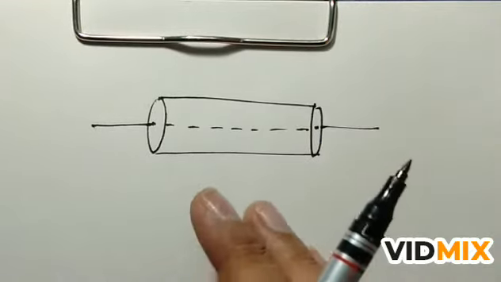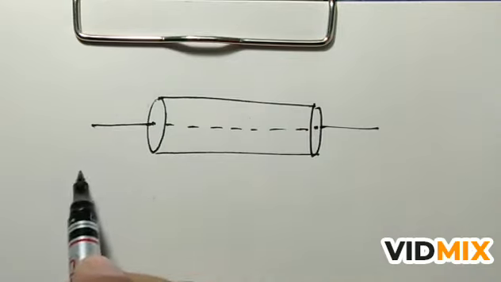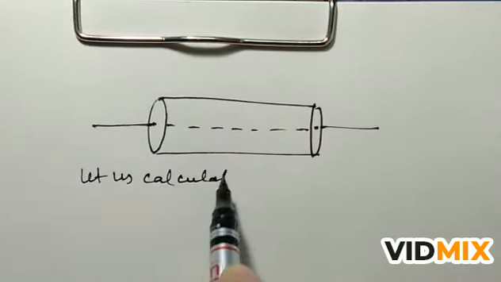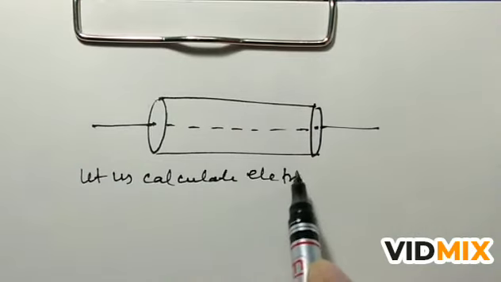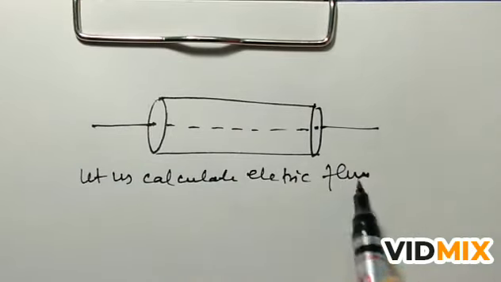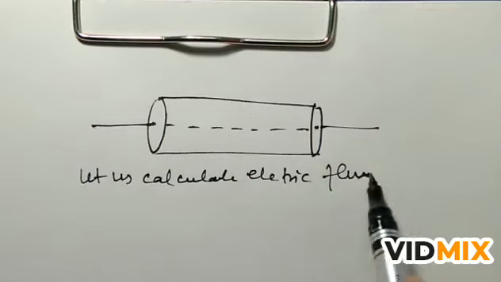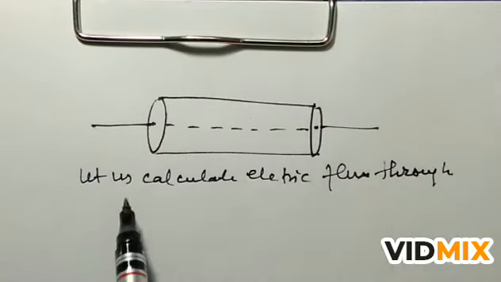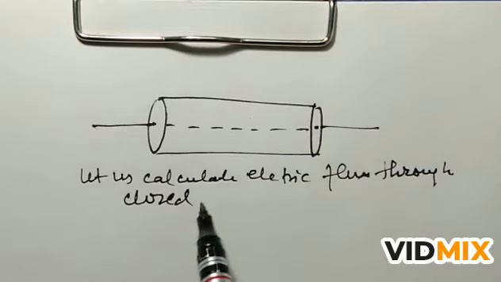So let us calculate the electric flux through a closed cylinder.